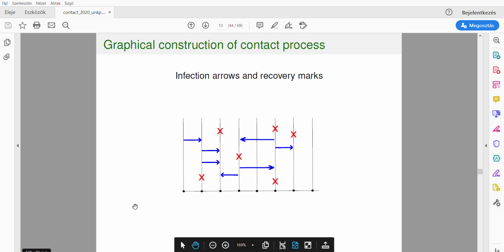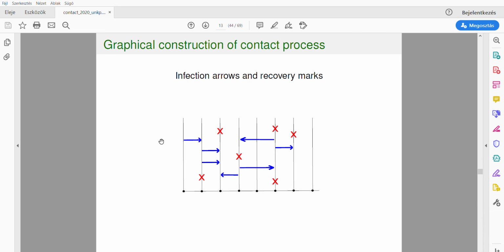So how to construct the contact process? Imagine that these lines are times. This is a space-time picture where at the bottom you have time 0, and as time goes up, this is how time increases. For any horizontal line, you will see a snapshot.